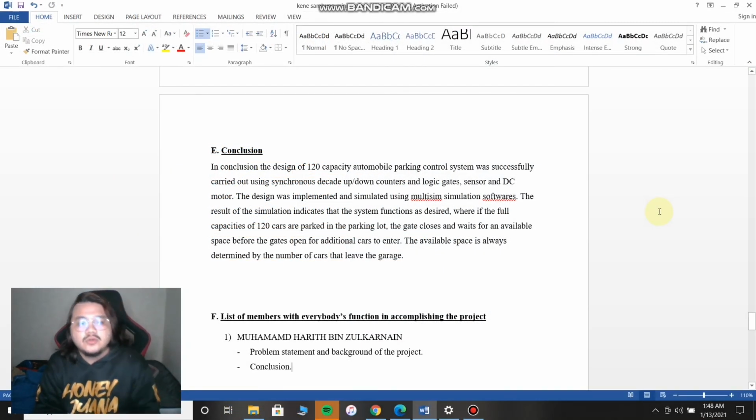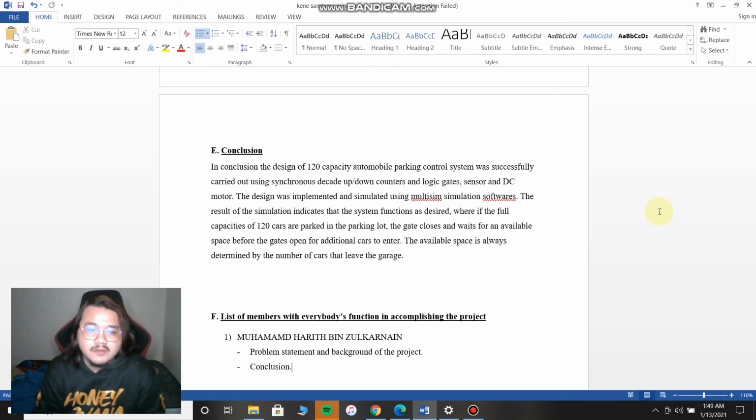So the conclusion for this mini project is that this design of a 120-capacity automobile parking control system was successfully carried out using synchronous decade up or down counters, logic gates, sensors, and a DC motor. The design was implemented and simulated using Multisim simulation software.